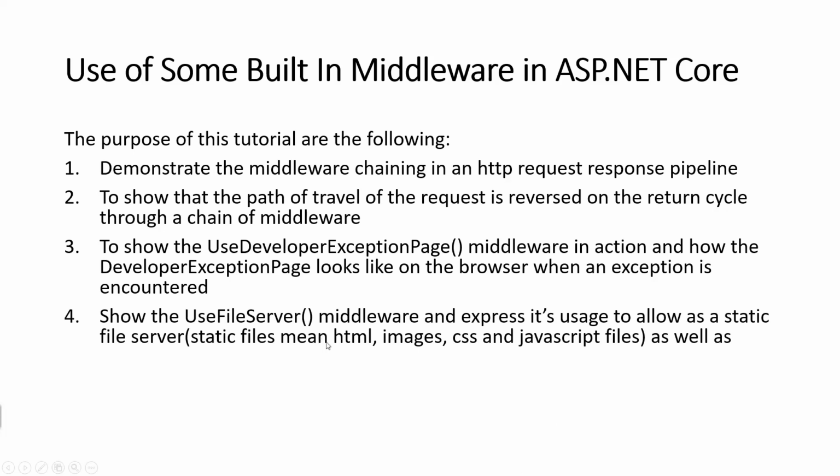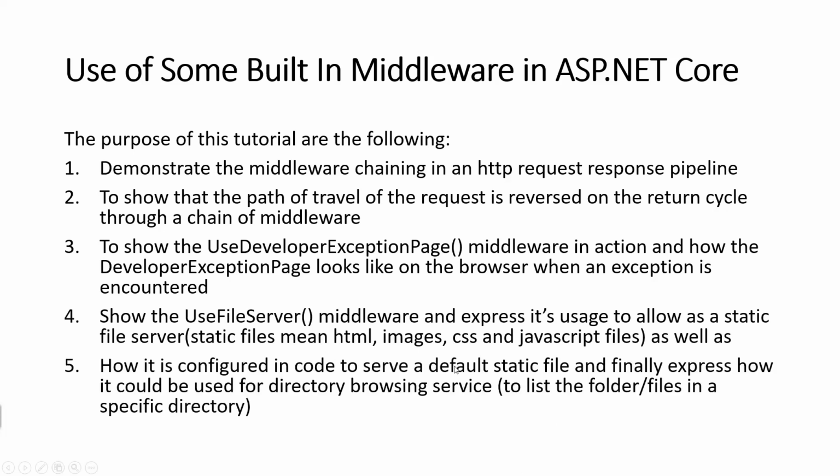What is a static file? Static files are HTML, images, CSS and JavaScript files. This use file server middleware is also configured in code to serve a default static file, and finally to use directory browsing to list the files in a specific directory.